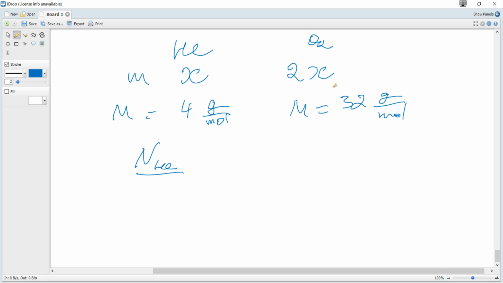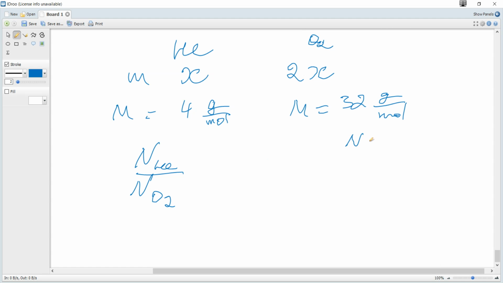And be aware, because here it's oxygen, it contains molecules, here not atoms. In general we can say particles, so we just consider particles. So the number of helium atoms and the number of oxygen molecules. And how to relate mass, molar mass, and the number of particles?